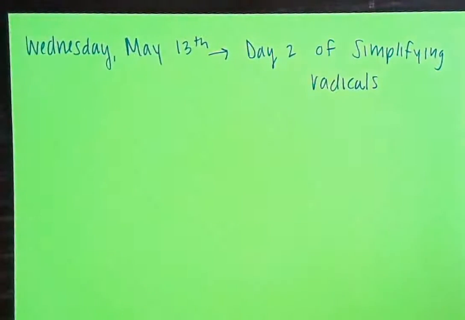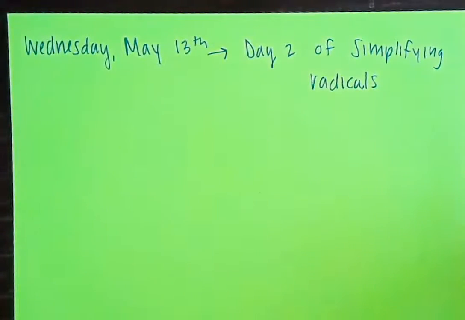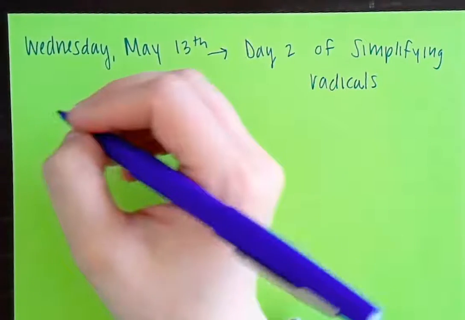Let's write down the first 15 perfect squares just so we have them. Remember, a perfect square is when you take a number times itself.